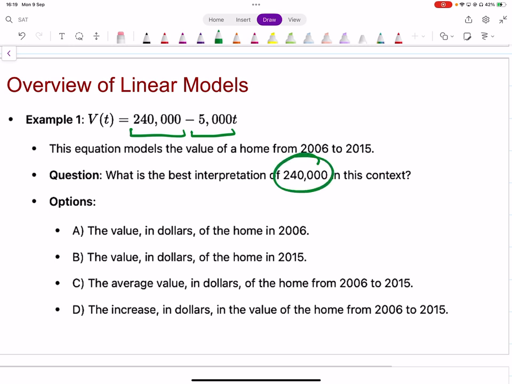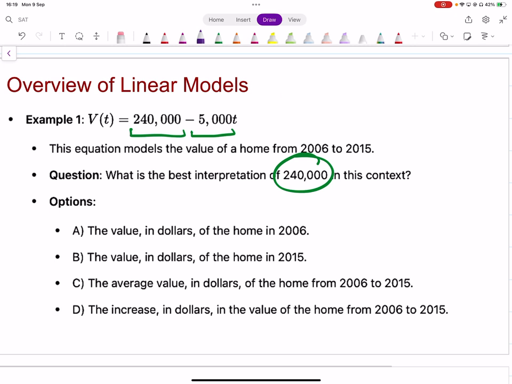Now, how do you interpret 240,000 in this context? That's the y-intercept, right? What's the interpretation of that? So it represents the initial value, right? So the model represents values from 2006 to 2015. What does this value represent, 240,000?